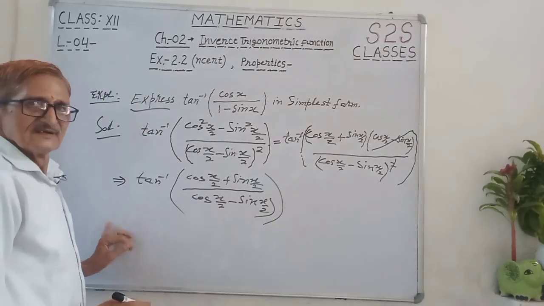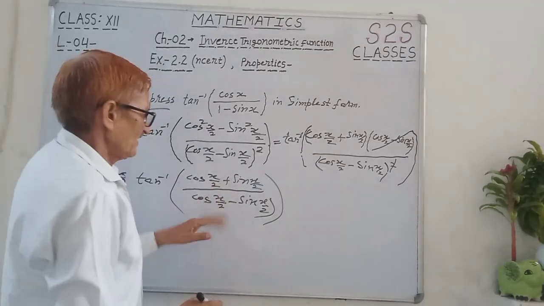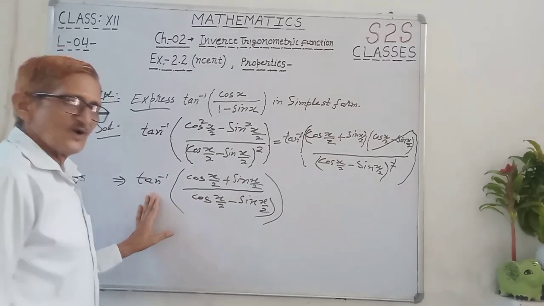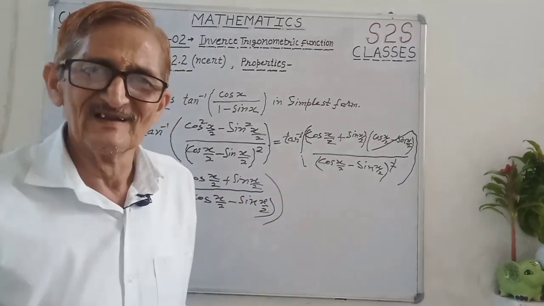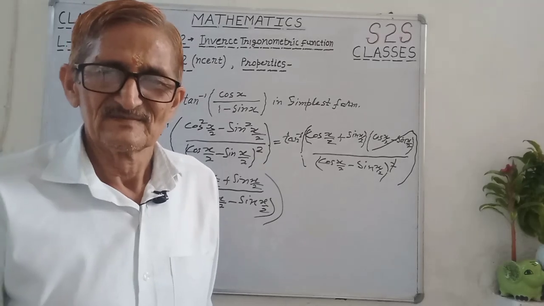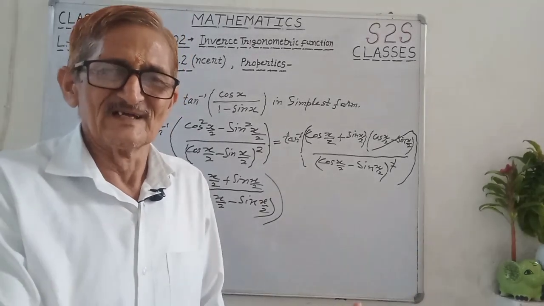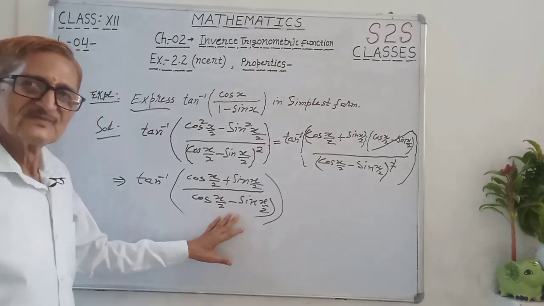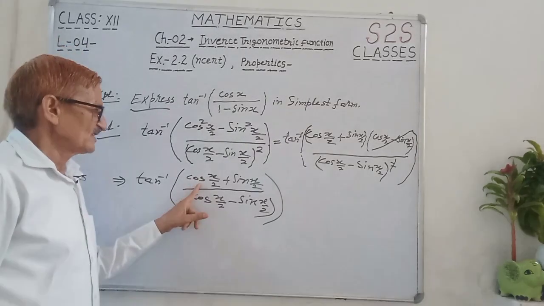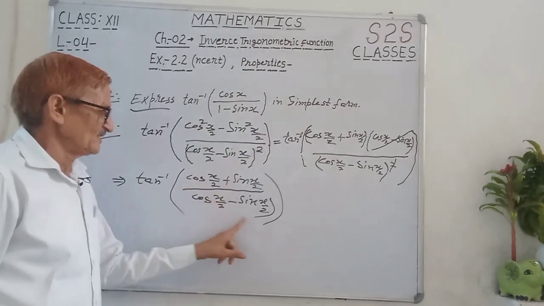Okay. Now how can we convert it into the tan form? Because outside is tan inverse, so tan inverse of tan of some angle theta gives the output theta. So for the tan form, we divide by cos x by 2 in the numerator and denominator.